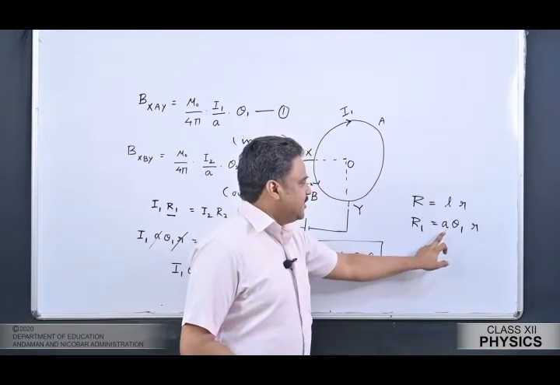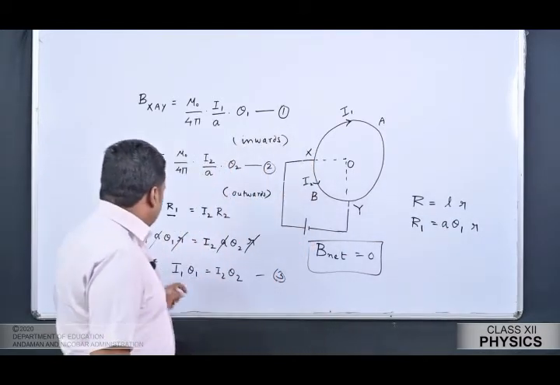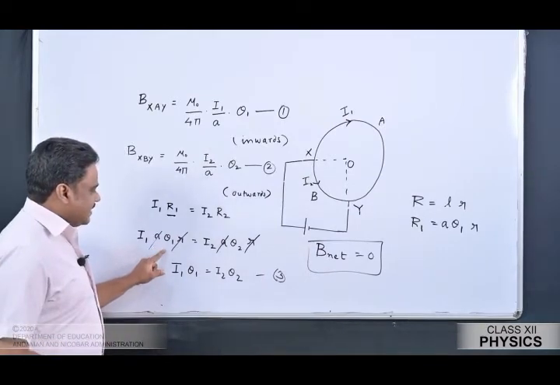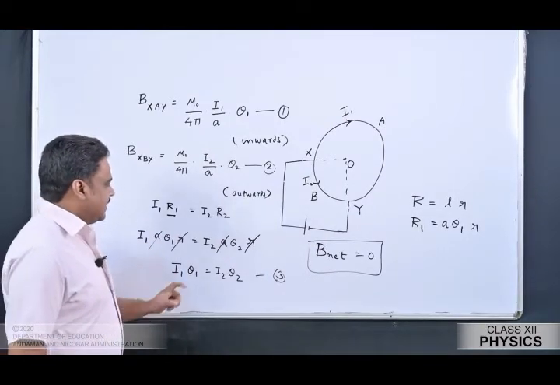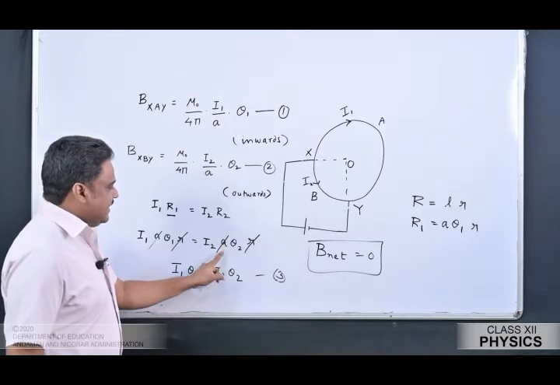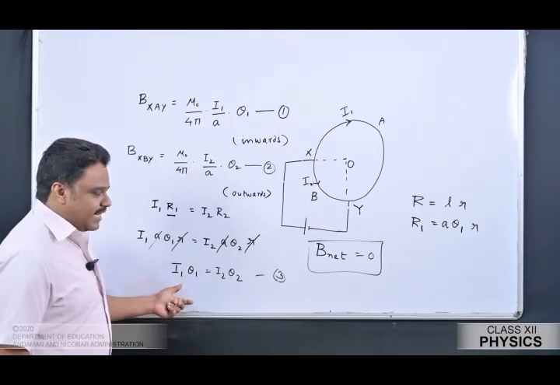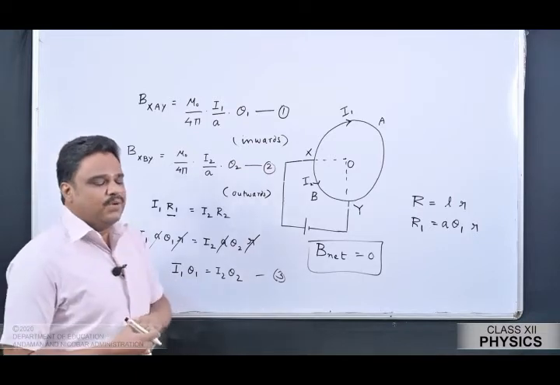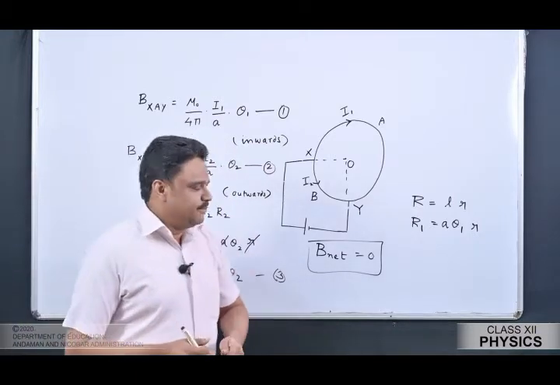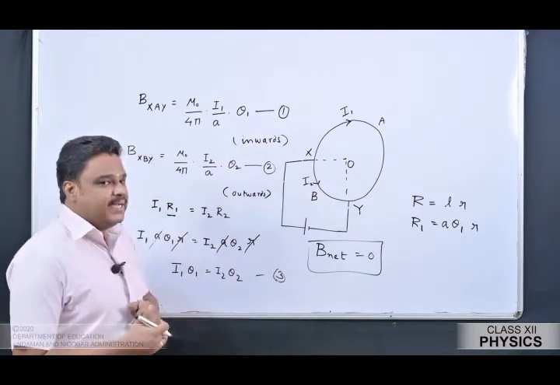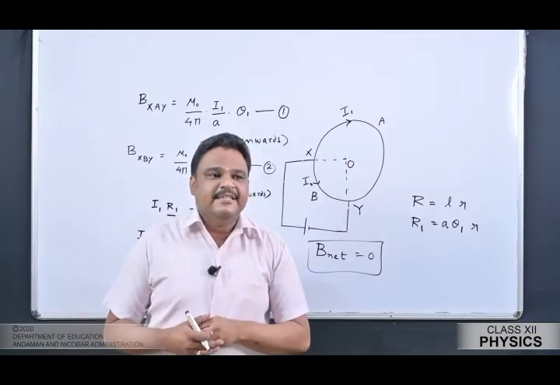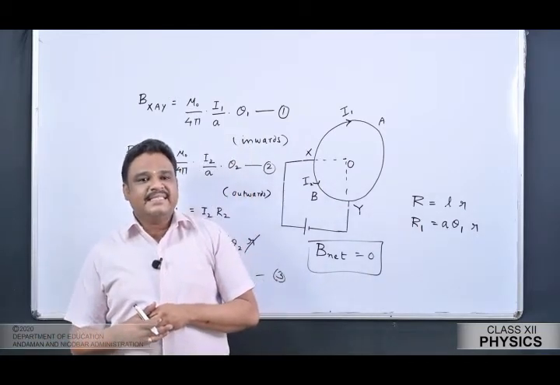So L can be replaced by A theta 1. So R1 can be replaced as A theta 1 R, and similarly R2 as A theta 2 R. A and R are cancelling on both sides, and I arrive at I1 theta 1 is equal to I2 theta 2. If I use this in equations 1 and 2, I clearly get the magnetic field at the center is 0.